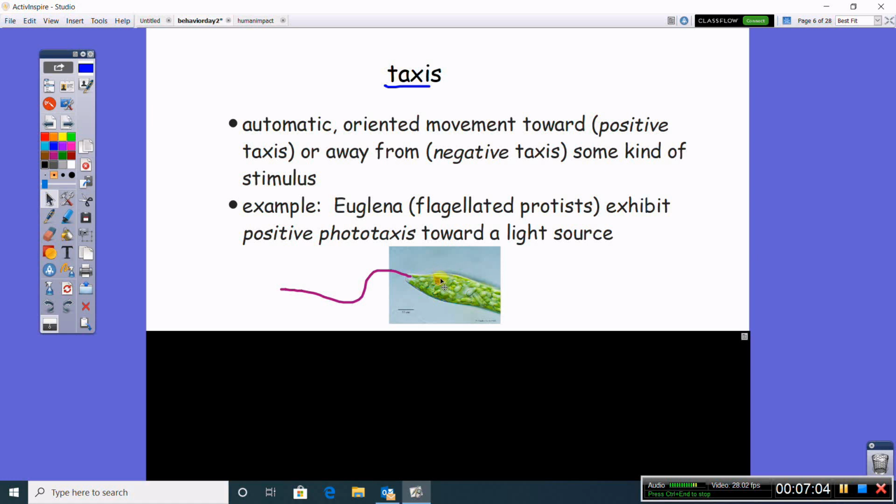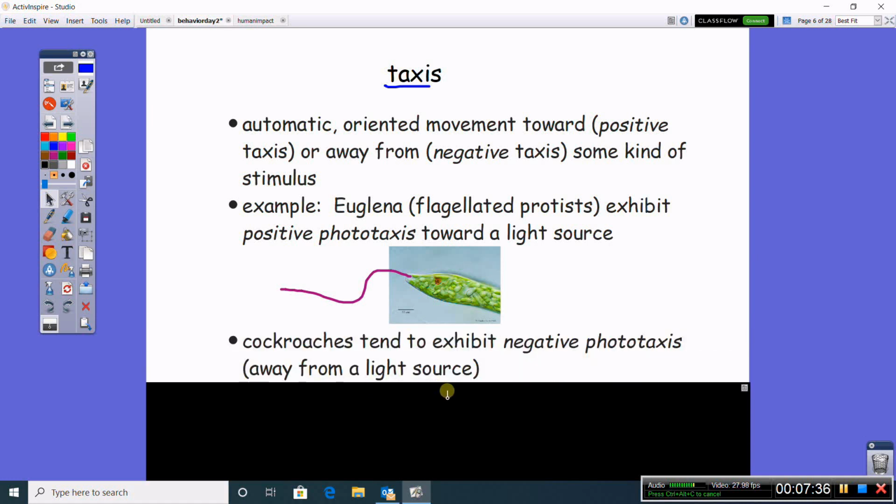It's got this little red area here, which is an eye spot that detects light, and it also has a flagellum, so it can move that flagellum, and it will move itself to an area with more light so it can maximize its rate of photosynthesis. Okay, so that's an example of positive phototaxis. It's moving itself towards a light source.